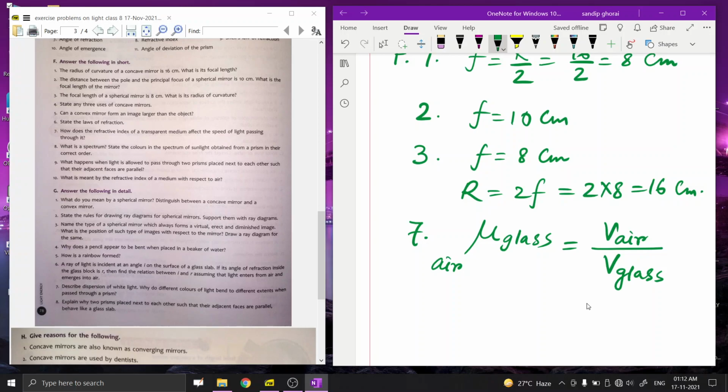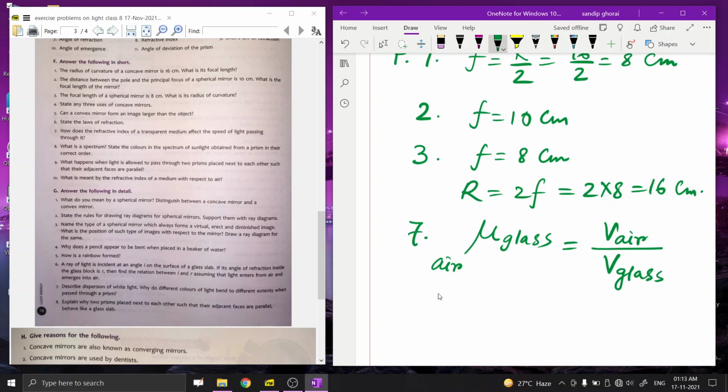For this question, we can say that if light is passed through two prisms, then at the first prism we get 7 different colors, and after the second prism they meet at a point and we get simply white light.